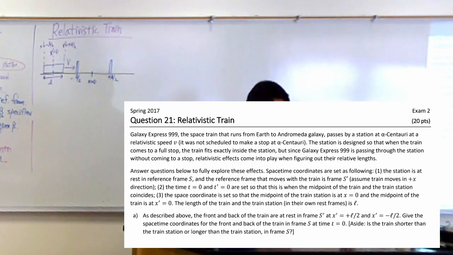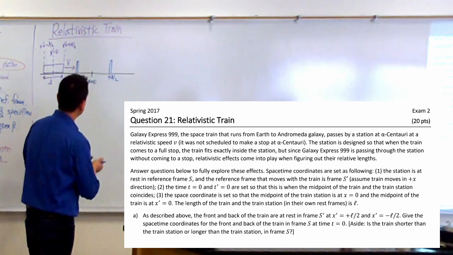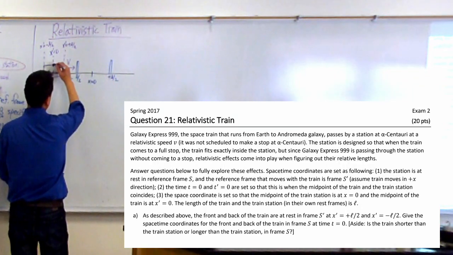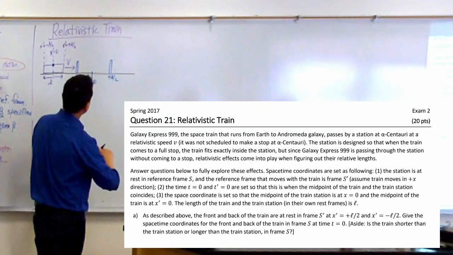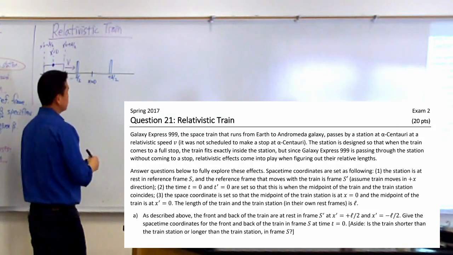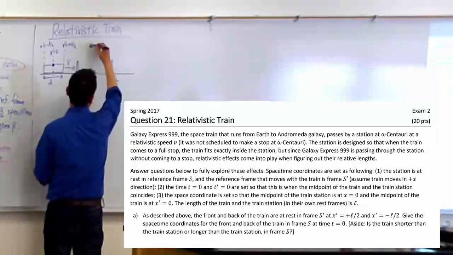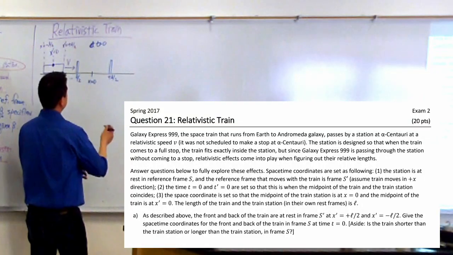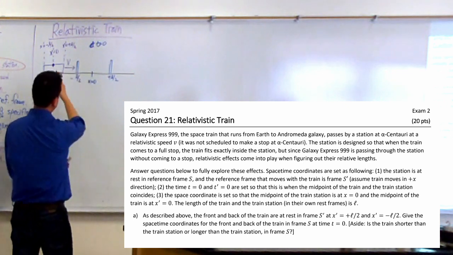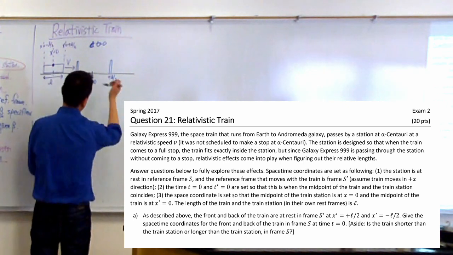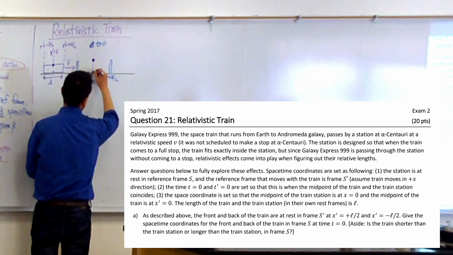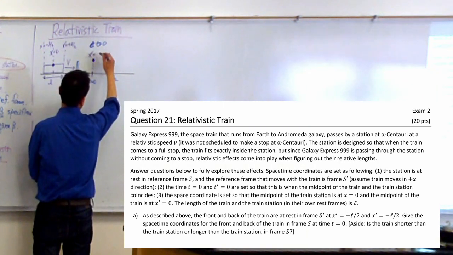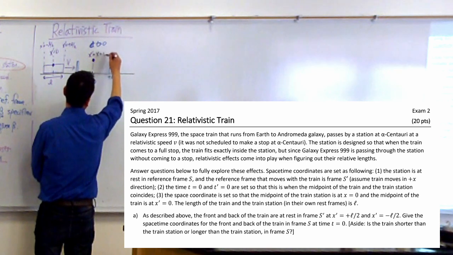The coordinate systems are arranged so that, if this is the midpoint of the train, then the time and position coordinate systems are arranged so that at time equals 0, this point would coincide with this point here. So at time equals 0, x prime is equal to x equal to 0.